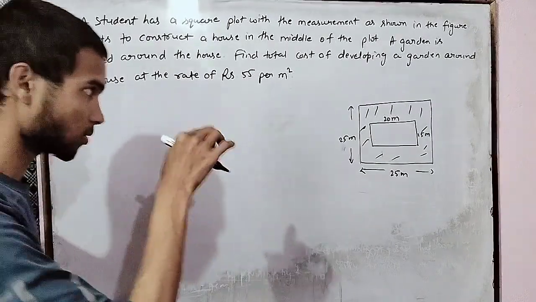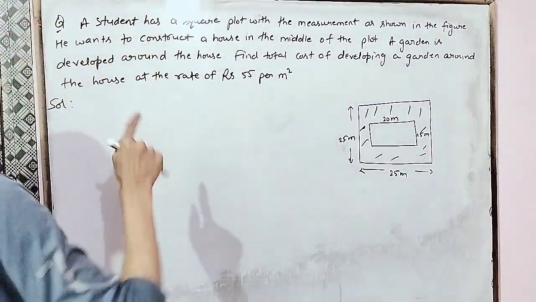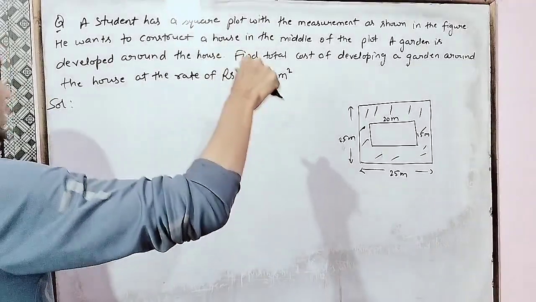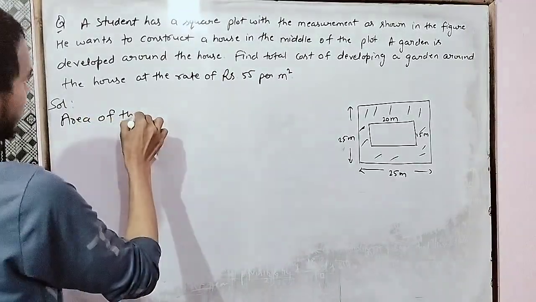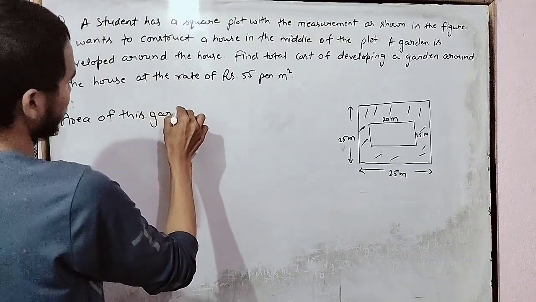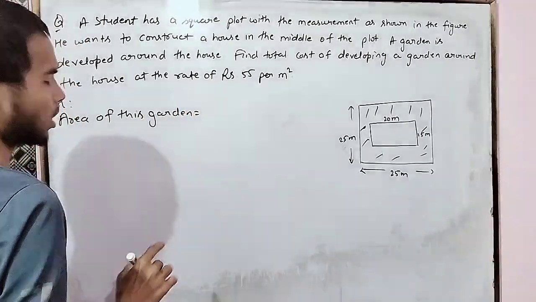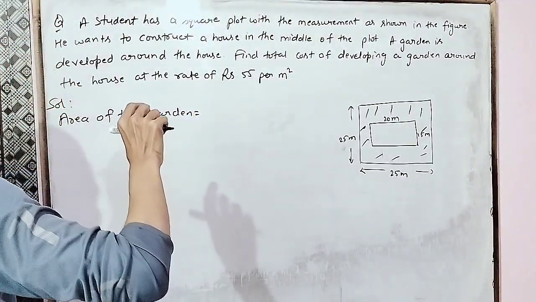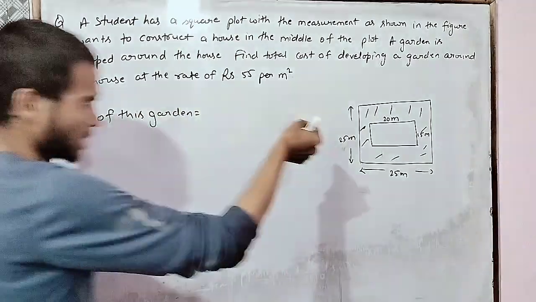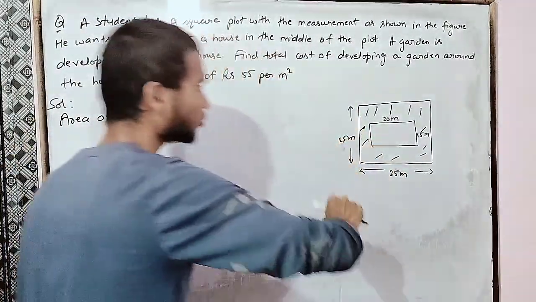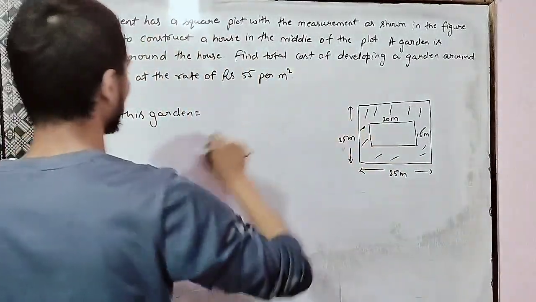So of course, the area of this garden is what we will get by subtracting the area of this rectangle from this plot.